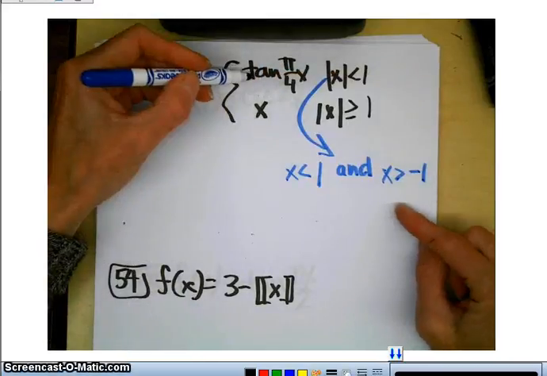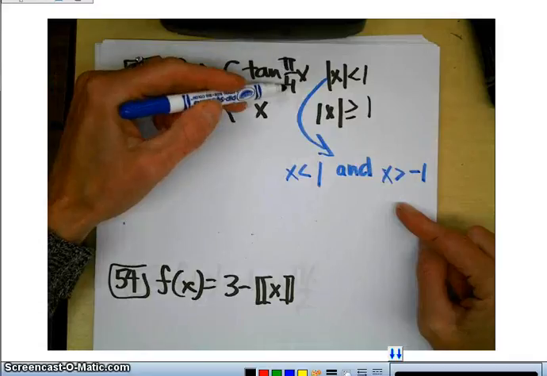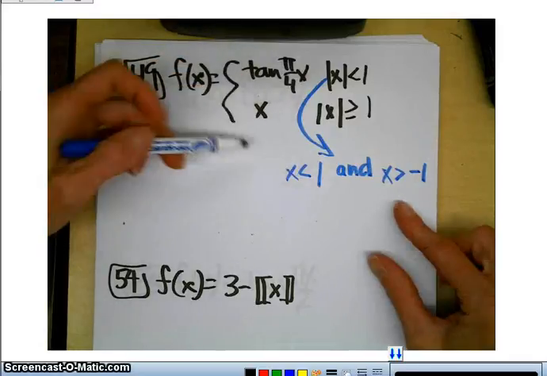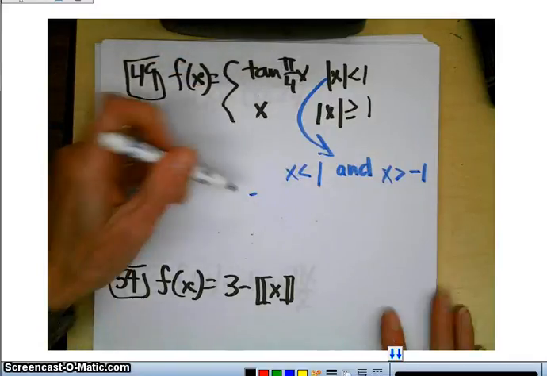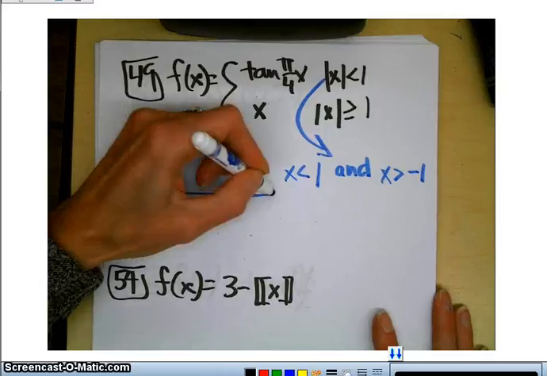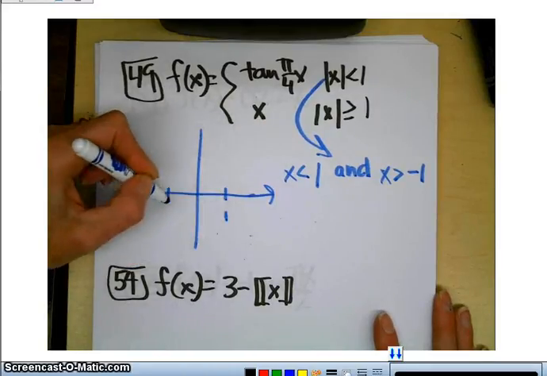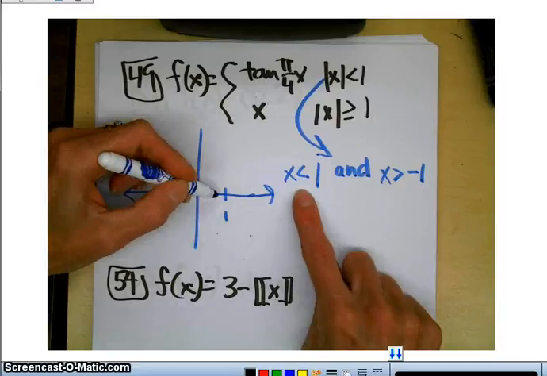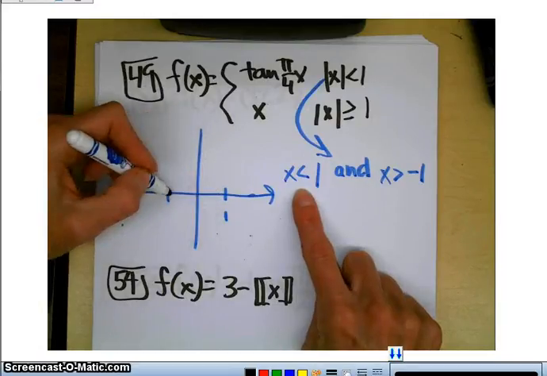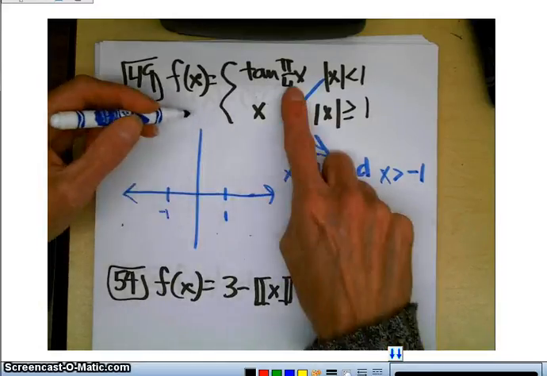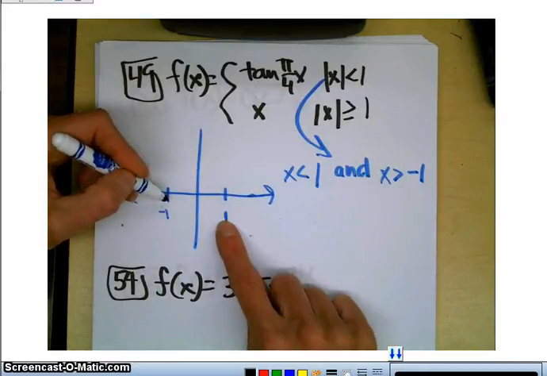So you're graphing the tangent of pi over 4x everywhere x is less than 1. So here's 1, and everywhere x is less than 1 and greater than -1. So basically the tangent of pi over 4x is right in this middle section.